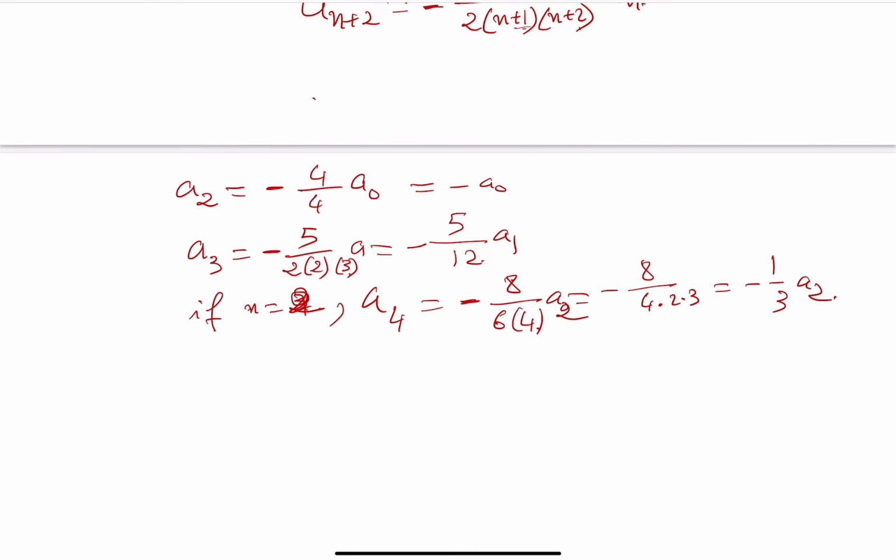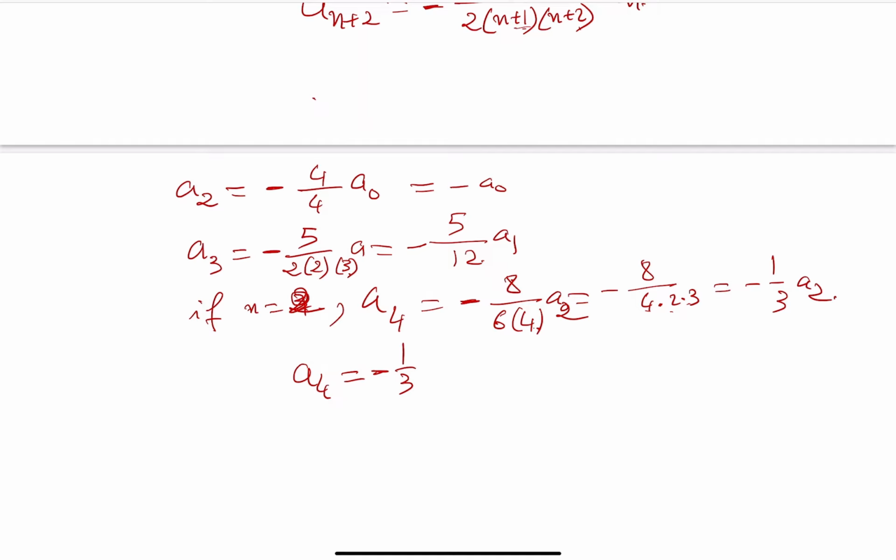Now we can replace it back here. We just make sure it's true: 2 times 3 is 6. And this one we cancel out. Now we can go ahead and replace a2. We have a4 equal to, you have to express a4 in terms of a0.